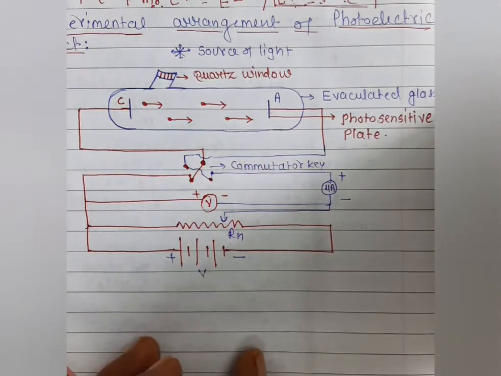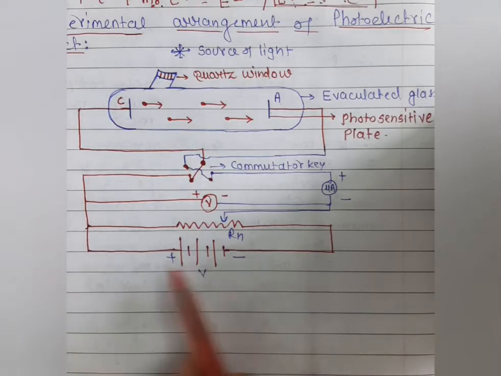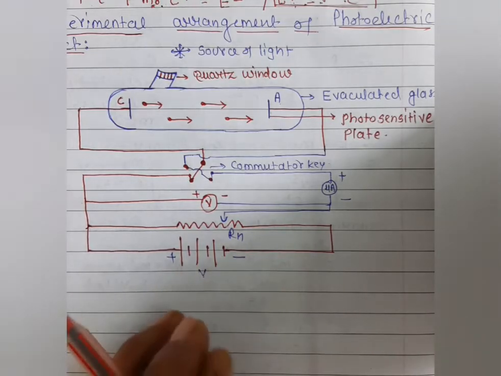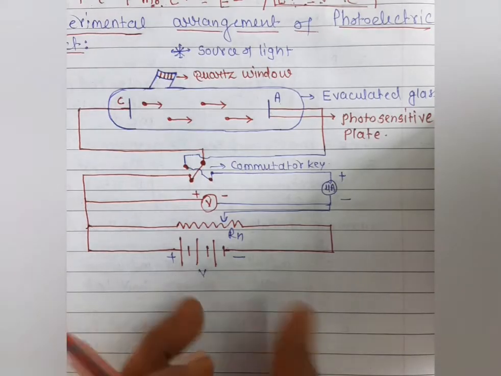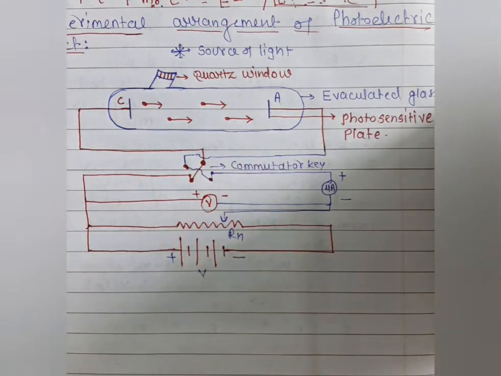You can understand, students, this connection is provided by the user. If you want to reverse this connection, you can do it. You just reverse the polarity, the positive becomes negative and the negative becomes positive. So this polarity we have to consider in the photoelectric effect.